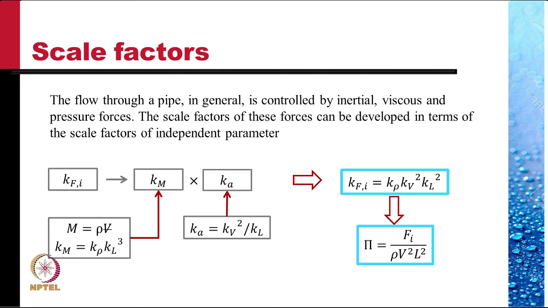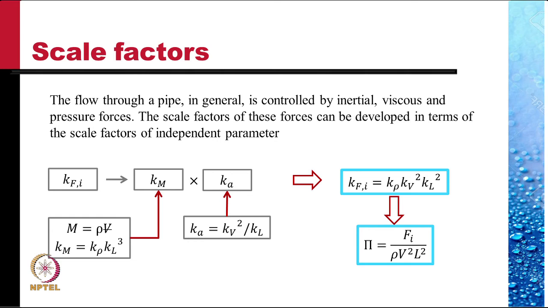There are two forces that are important, the pressure forces and the viscous forces. And in addition, we write the inertial forces. So we develop the scale factor for all of these three types of forces and equate them, since there should be only one force vector, and from this we obtain two pi numbers.